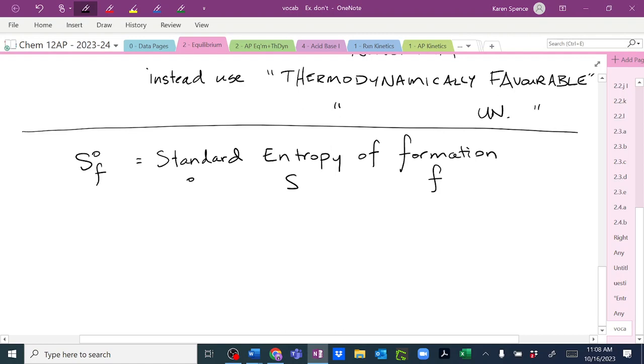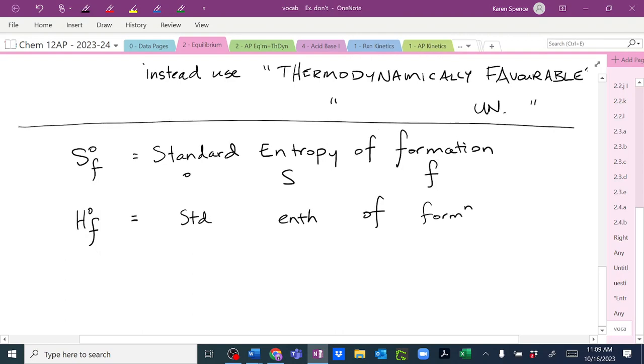And of course we have, whoops, not S naught, we have H naught F, which is the standard enthalpy of formation.